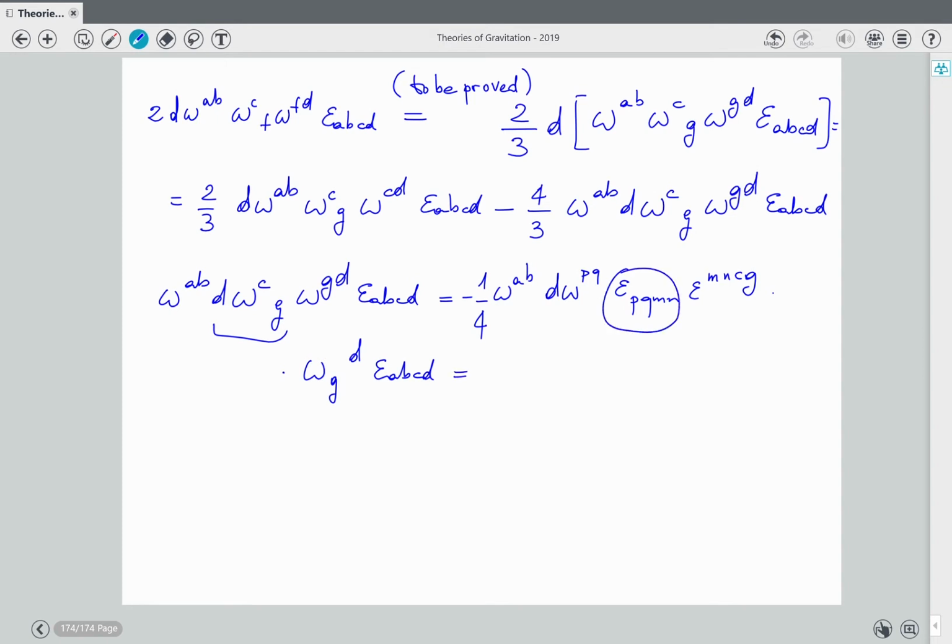I insert two epsilon tensors with two indices that are contracted, and therefore that gives minus 2 delta PG delta QG delta PC delta QG minus the thing that you obtain by anti-symmetrizing in P and Q. So you have minus 4 of that, which cancels the minus 1/4 and gives exactly what you have on the left-hand side.